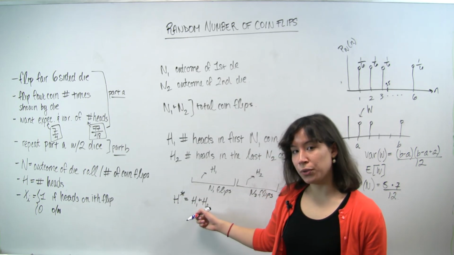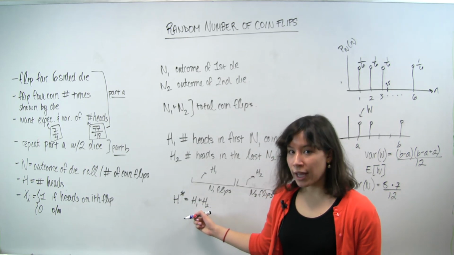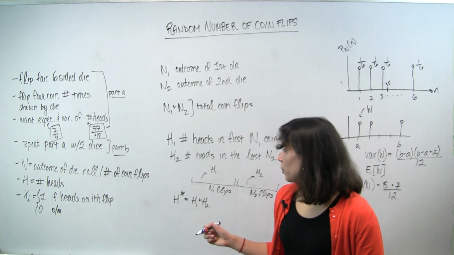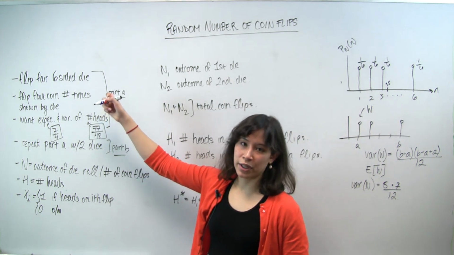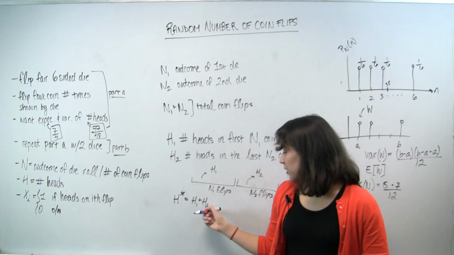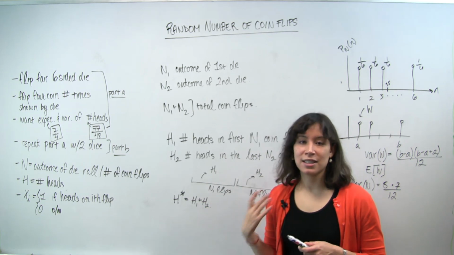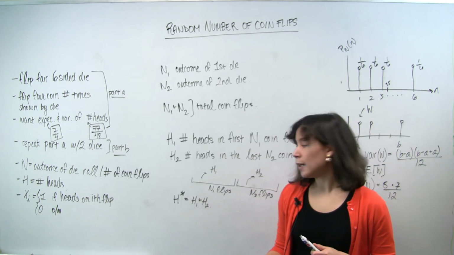H1 and H2 are independent, and they are statistically the same. The reason they're independent is that, first of all, our coin flips are independent. And they're statistically the same because the experiment is exactly the same and everything's independent.